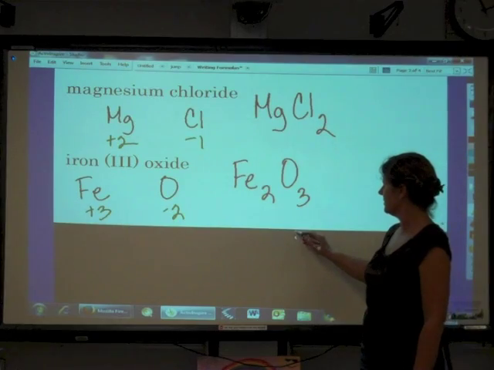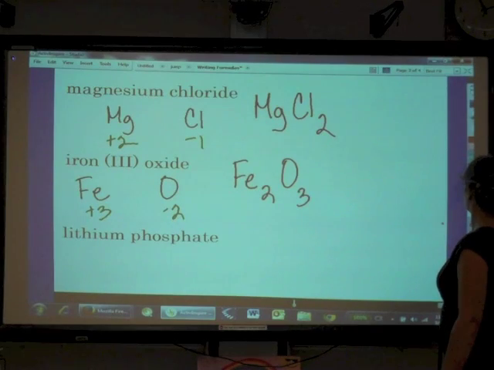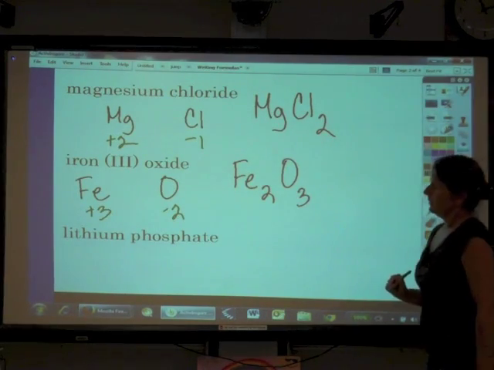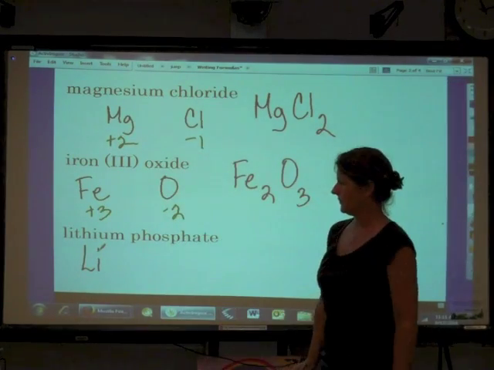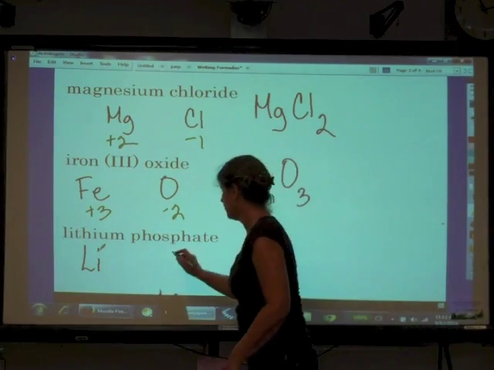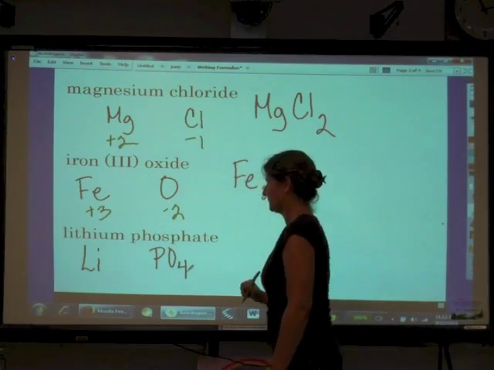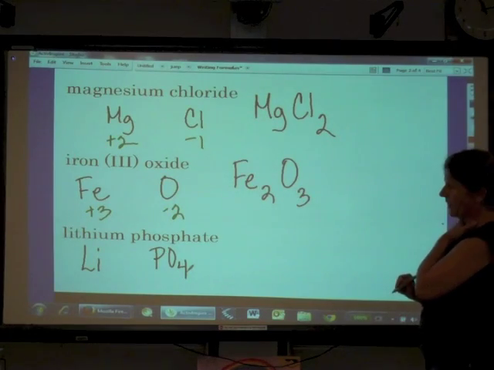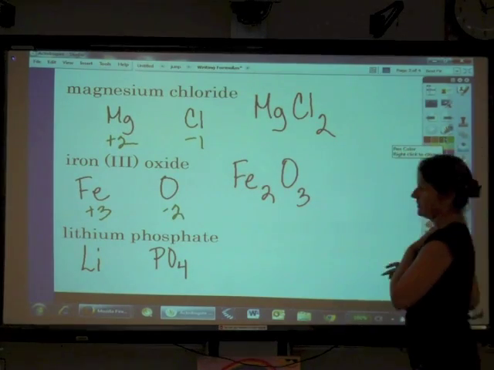Last but not least, we've got lithium phosphate, our last example. The symbol for lithium is Li, off the periodic table. Phosphate we have to have memorized. We have that. PO4. Okay. So our next step then is what are the charges on these things?